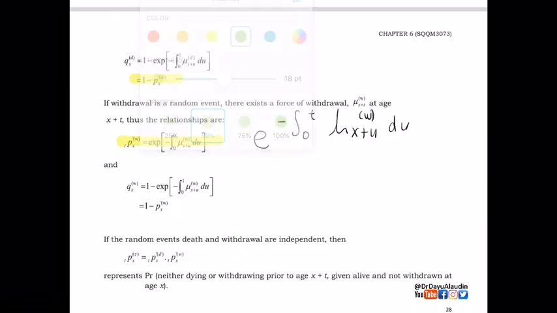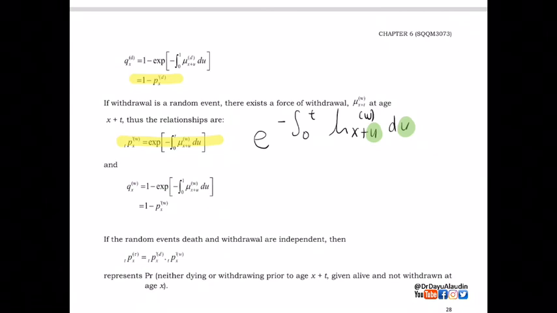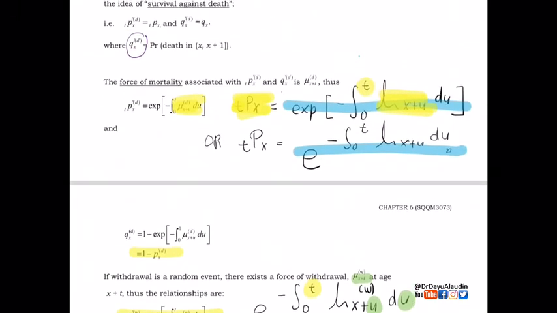We use u here since we do not want to get confused with the upper bound t. It is just the variable. Before this, we always use x plus t. So this time we use x plus u since we do not want to get confused with the t for upper bound.